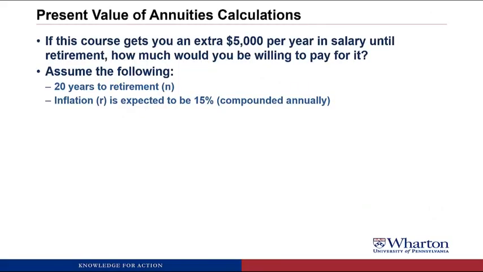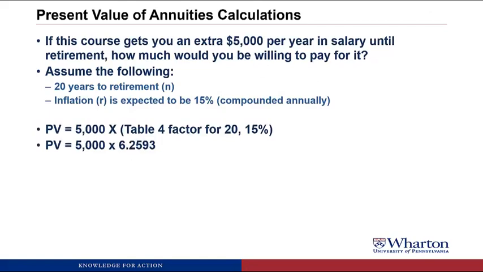So then going back to our problem, we're going to have the present value equals 5,000, which is the payment, times the factor we just looked at, 6.2593, which means the present value is $31,297. So in other words, you'd be willing to pay $31,297 in today's dollars to receive $5,000 per year over the next 20 years if inflation is 15%.